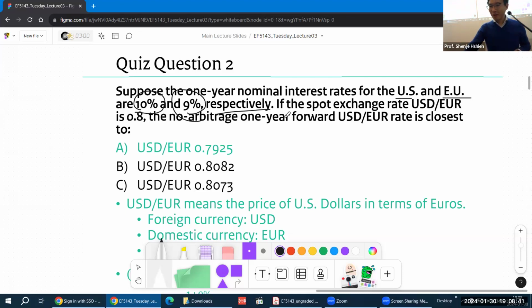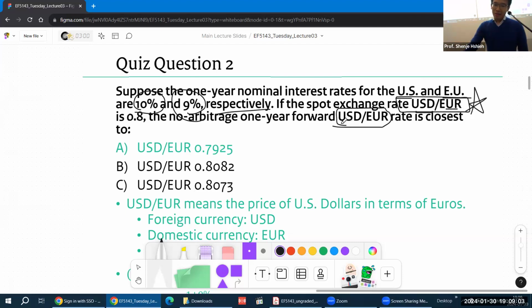All right. So if the spot exchange rate, defined as the price of dollars in terms of euros, is 0.8, the no-arbitrage 1 year forward exchange rate is closest to which of the following? We define the spot rate and the forward rate in this way, and we should all know based on last week's lecture how to read this.